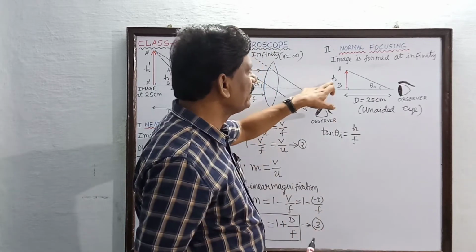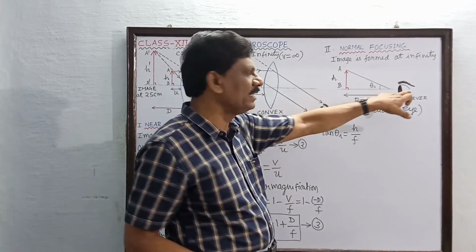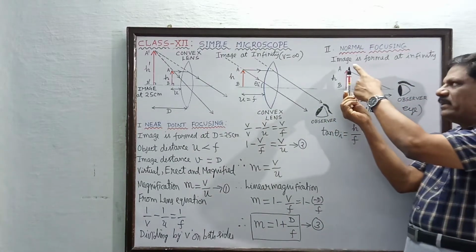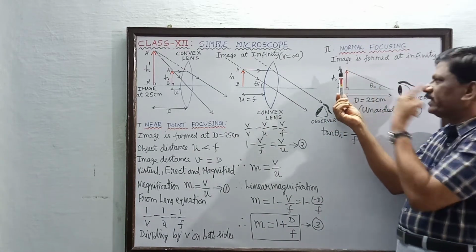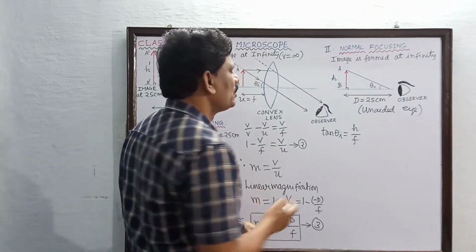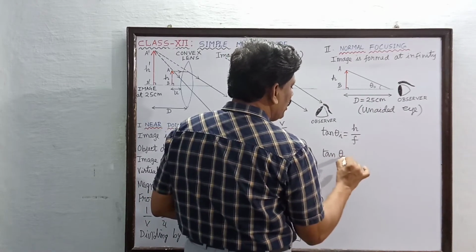Now you can see that the object of height h is subtending an angle theta O at the eye. So when I am observing like this, the angle subtended by the tip of the object is called theta O. Okay. So in this picture, what is tan theta O?